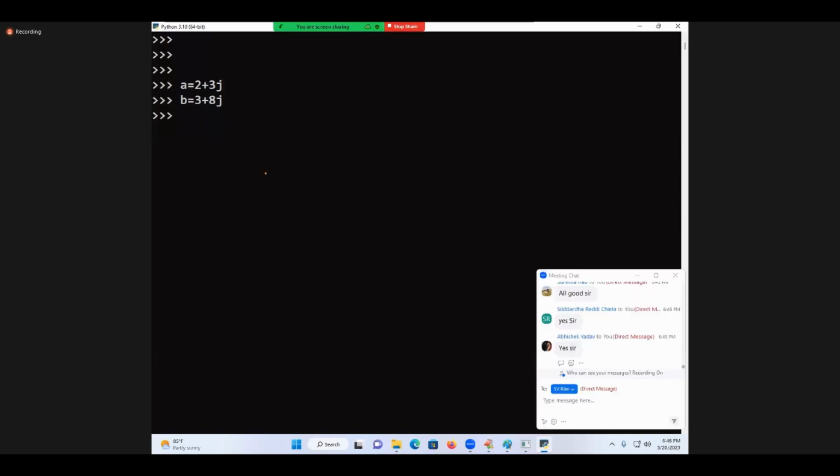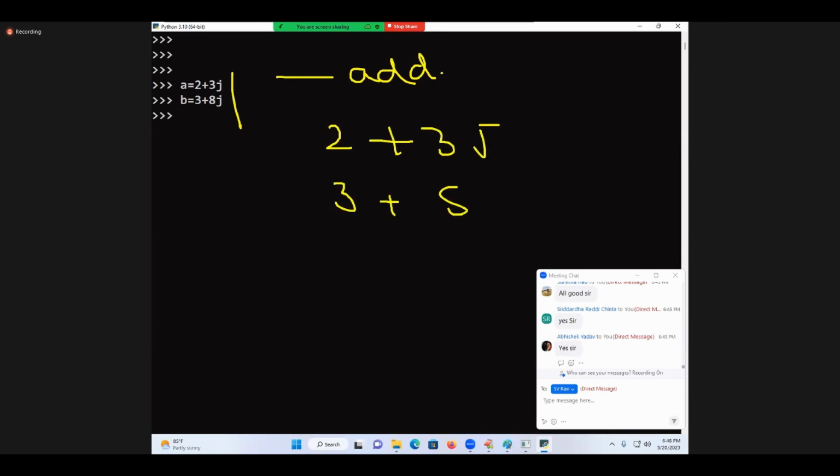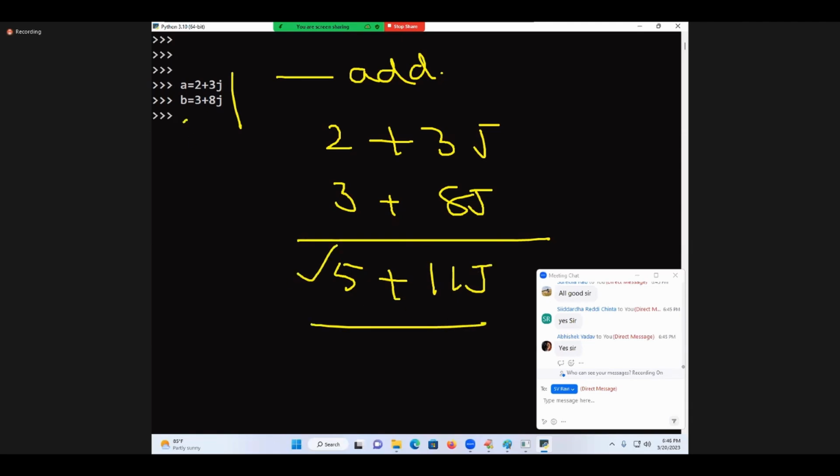On complex numbers, we do addition of complex numbers. Addition means 2 plus 3J and next is 3 plus 8J. Right? What is the answer now? 5 plus 11J, you will get. This is the answer for C is equal to A plus B.